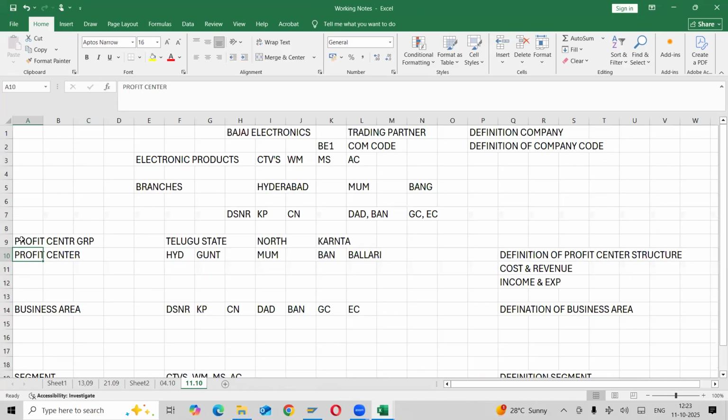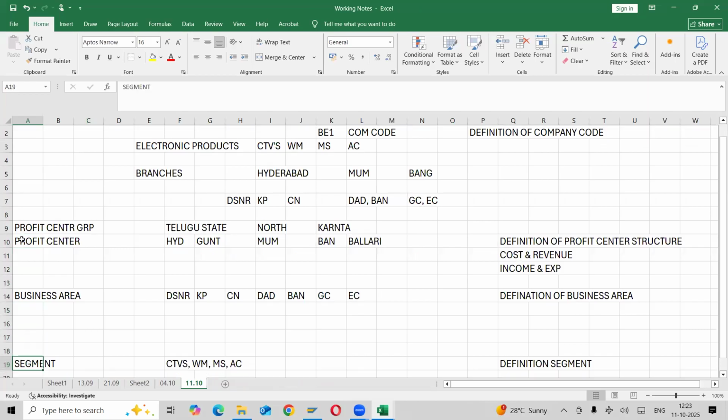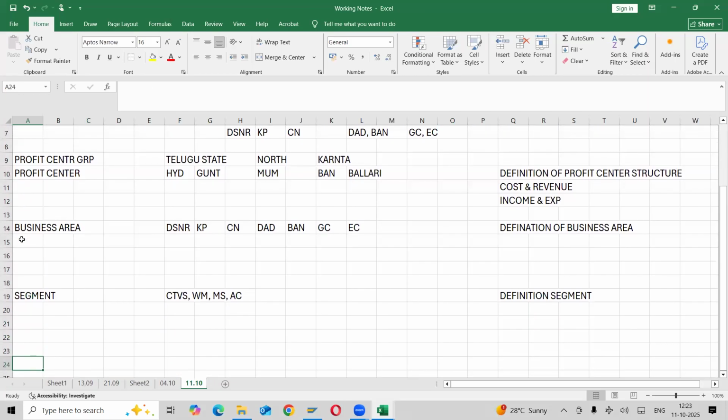Actually, business area earlier, majority of people know. There is classic GL accounting and new GL accounting, two types in SAP.